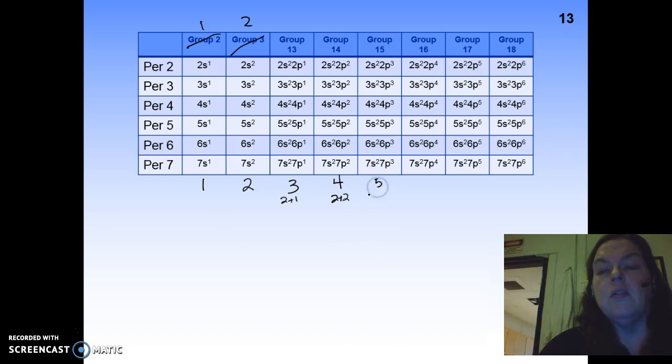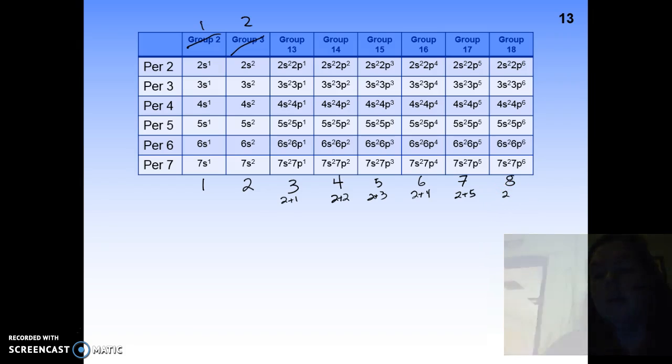This one is 5 because 2 plus 3 is 5. This one is 6 because 2 plus 4 is 6. 7 because 2 plus 5 is 7. And finally, 8 because 2 plus 6, and it's not writing for some reason, so I don't know if I've gone over the space there.